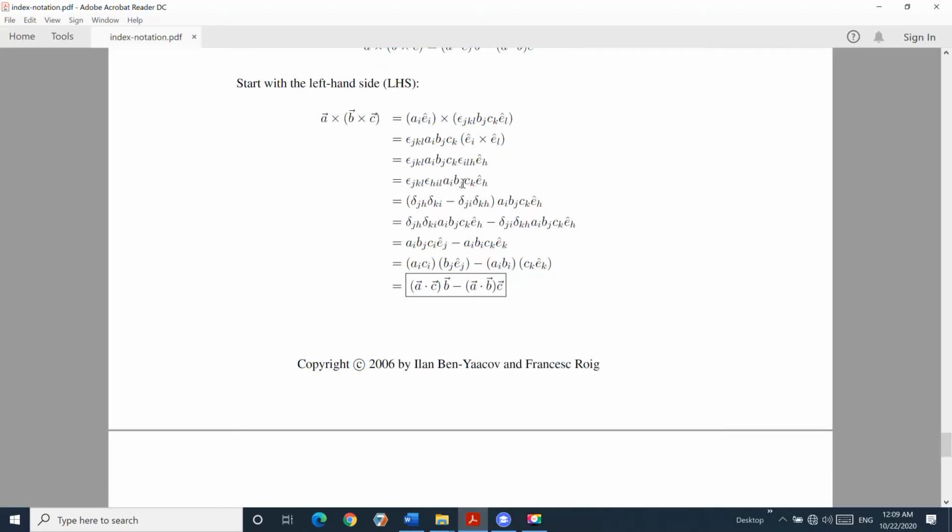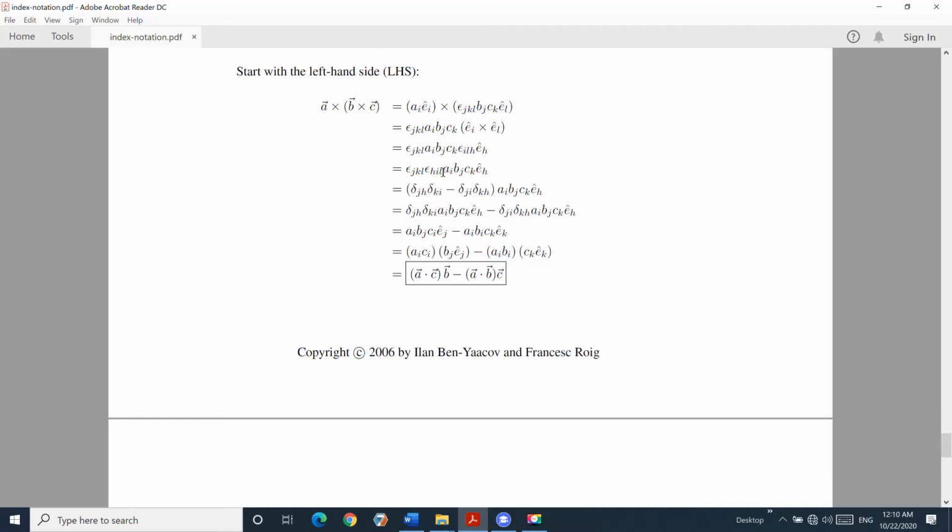Okay, we continue. And we take this here by changing the order to j, k, l, and in here we just change like this. Then we get the product of two permutation symbols.